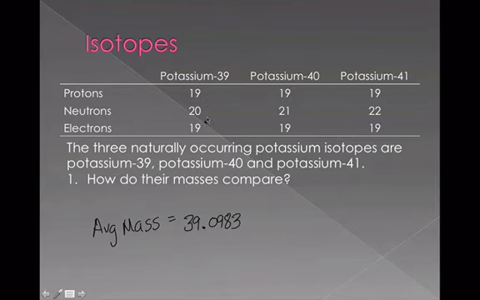What that tells me is that this must be the most common isotope of potassium because the average atomic mass is the closest to potassium-39's mass. So the closer your average mass is to one of the isotopes, that tells you what is the most common isotope for that element.